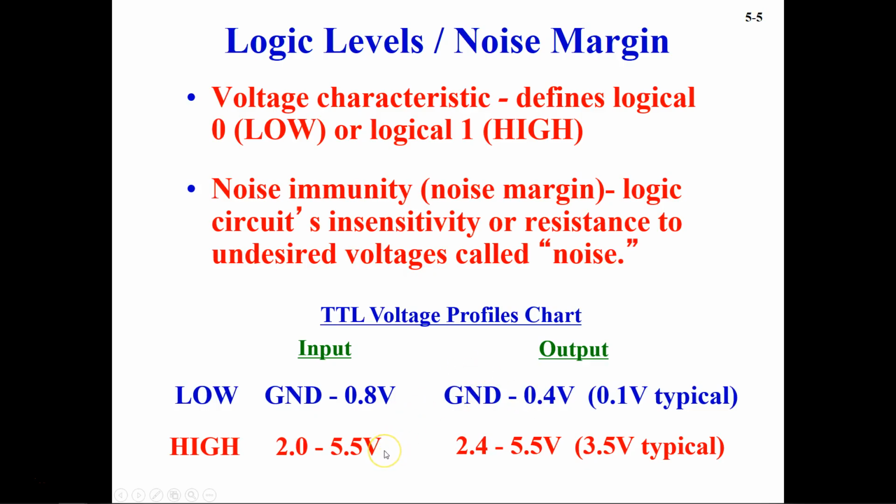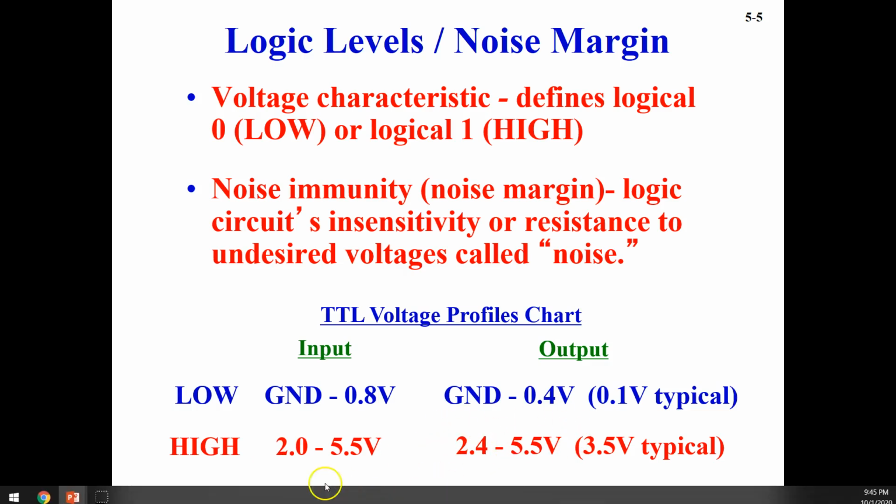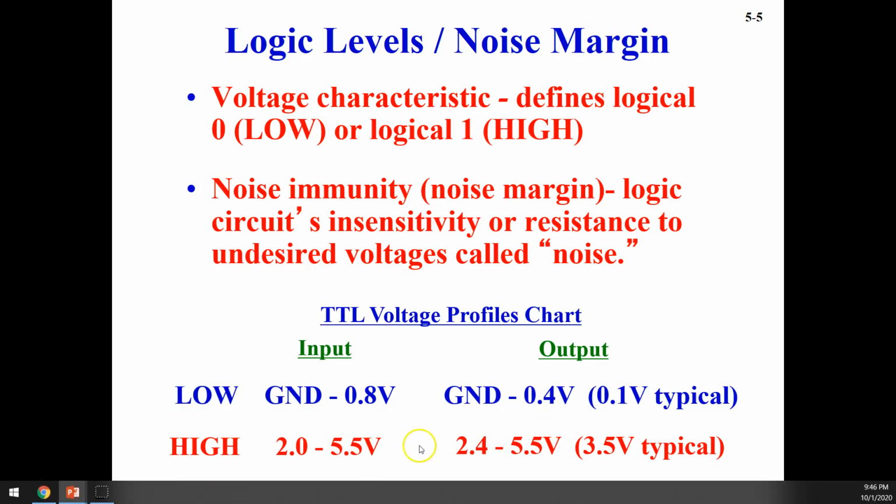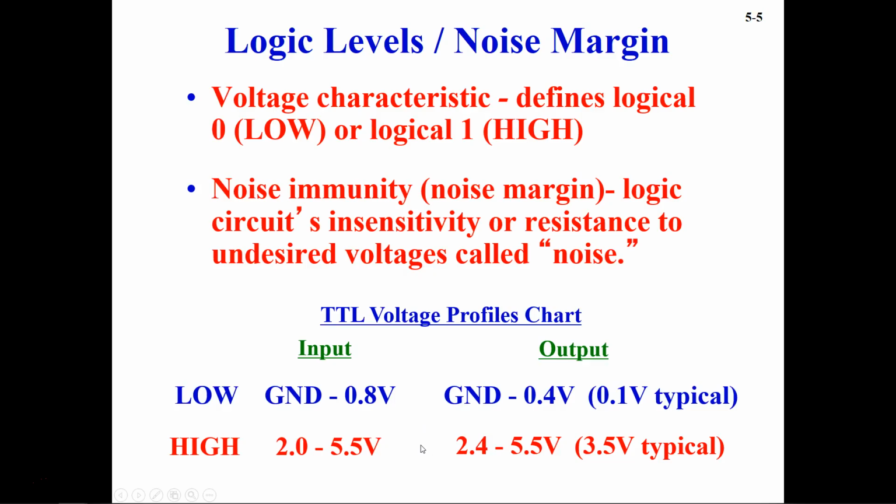And in the high level, the minimum input is 2 and the minimum output is 2.4. If you subtract these two, you will have 0.4, and that 0.4 is your high level noise margin. That's how you can calculate the noise margin for both the levels.